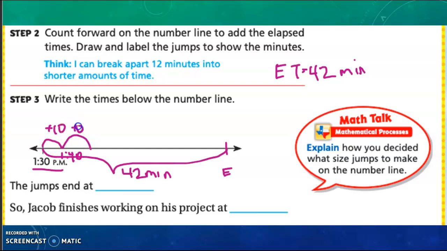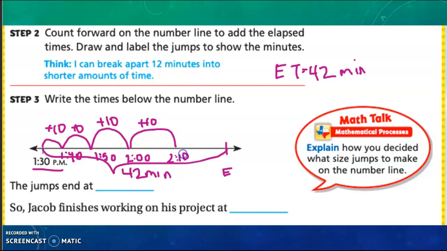My time is going to be now 1:50. I do another jump of 10. My time is going to be 2 o'clock. I do another jump of 10.